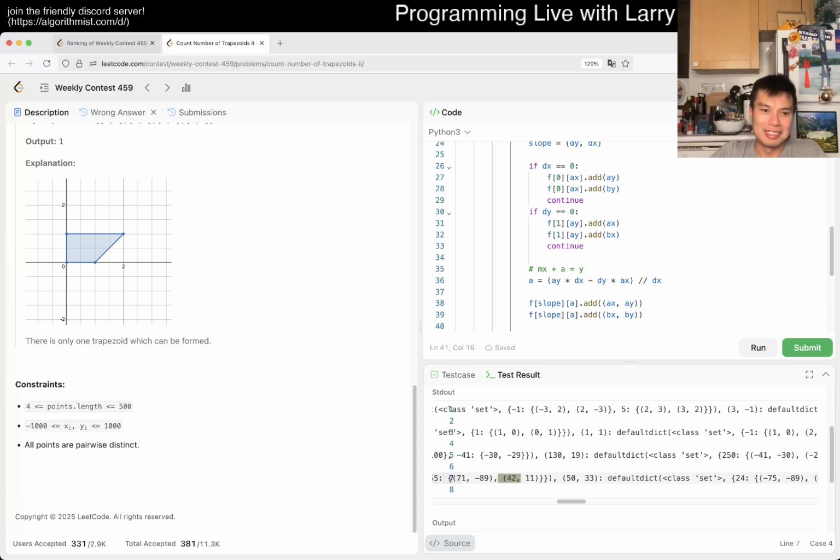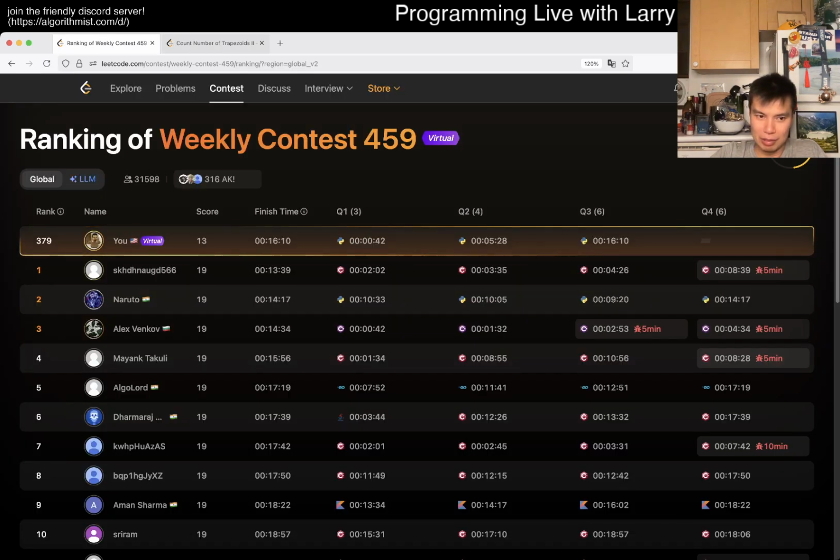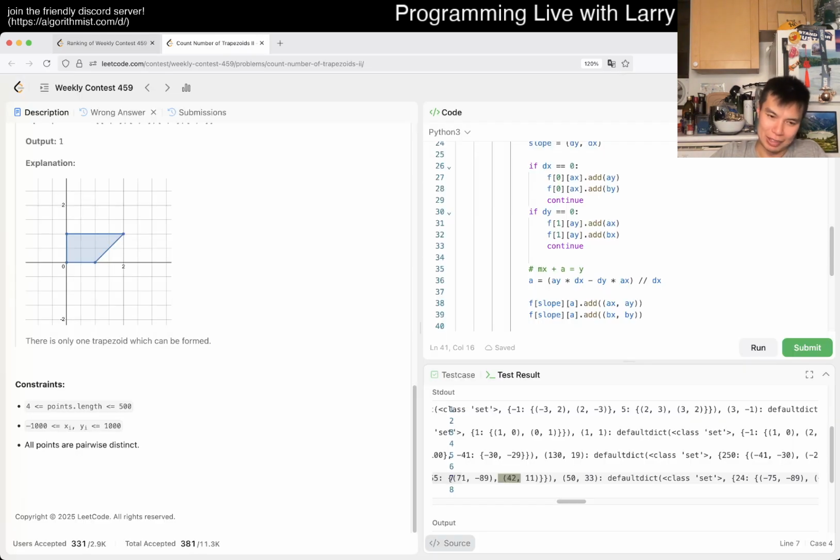Wow. I'm not gonna lie, I just didn't think through it fully enough. A lot of people got it though. I mean, okay, a lot of people are cheating, but still. What are my parallelogram algorithms?